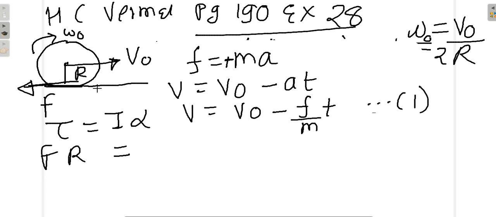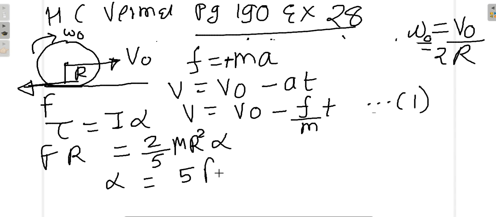It is a solid sphere, so the moment of inertia will be 2 by 5 mr square into alpha. And if you calculate it, that gives you the value of alpha as 5F upon 2mr.